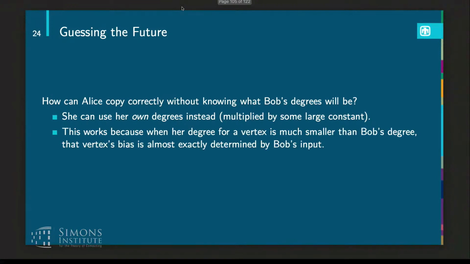Well, it's useful because in the case where the degree of a vertex in her input is much smaller than the degree of a vertex in Bob's input, then her input doesn't actually matter at all, because the bias of any given vertex in the unified graph will be determined by Bob's input in the case where its degree in Bob's input is much higher.